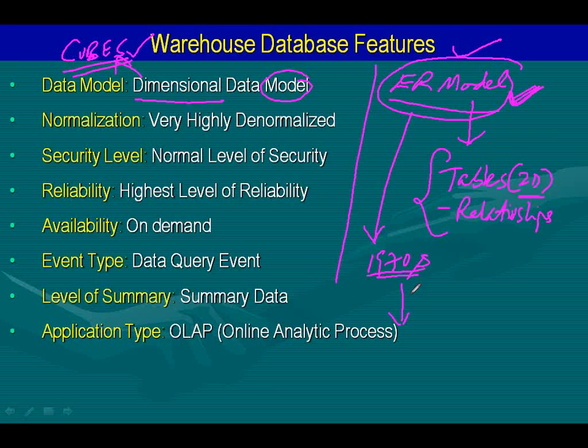These older models had a lot of problems. One of the problems was data redundancy and inconsistency, complexity, and security. These were all the problems people faced earlier when they went for data storage.